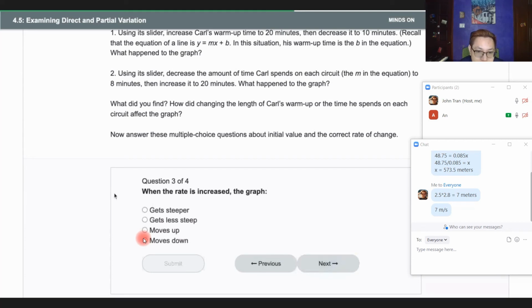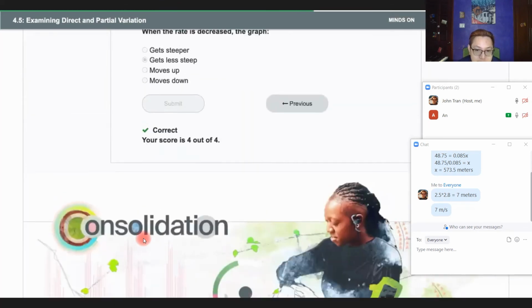When the rate is increased, the graph gets steeper, and when it decreases, it gets less steep.